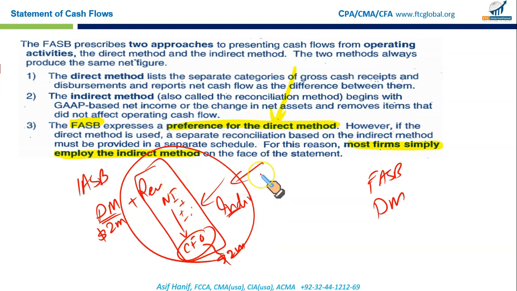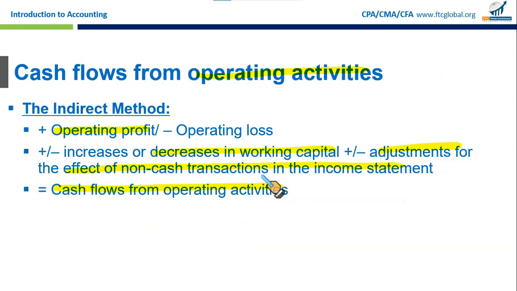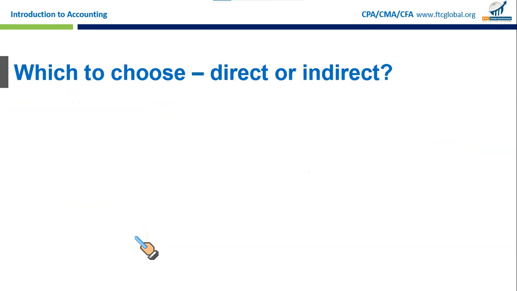So this is the method you will see practically. So IASB, FASB, they both prefer direct method, but practically and in academic environment as well, indirect method is used. Indirect method is preferred, and it will be preferred here for this module as well.